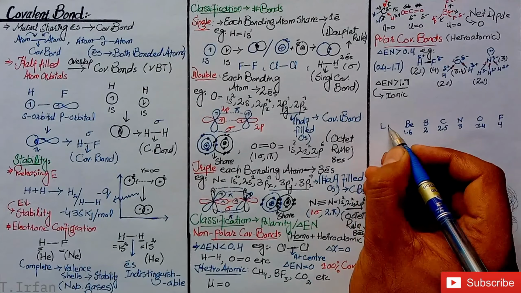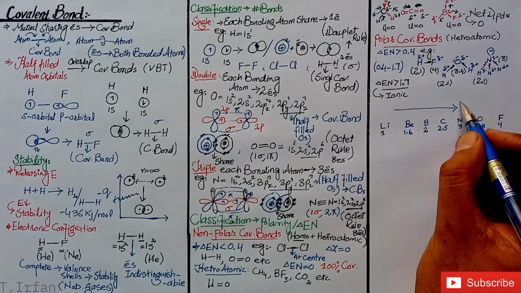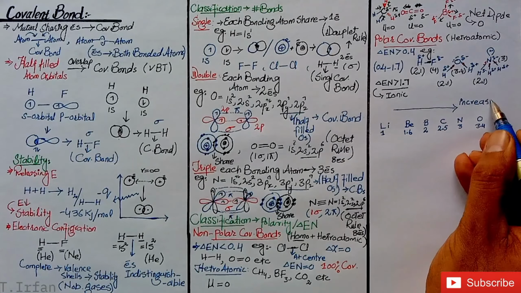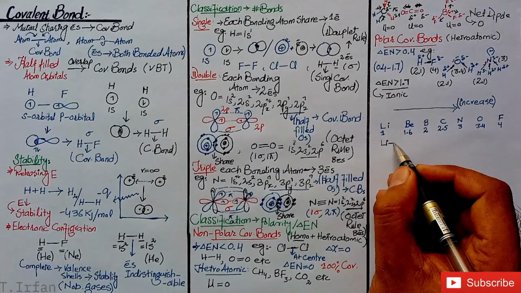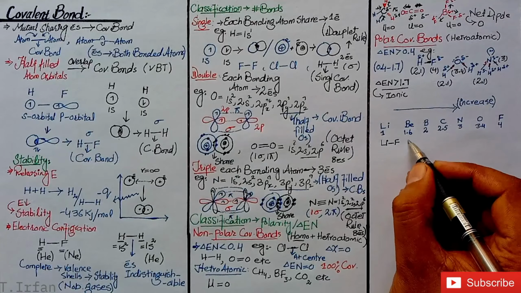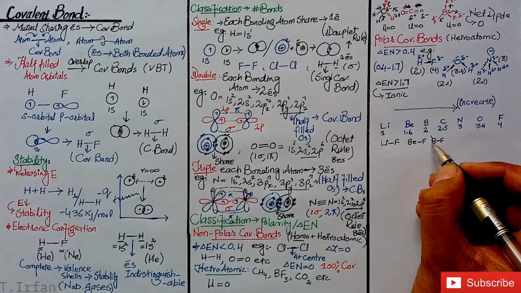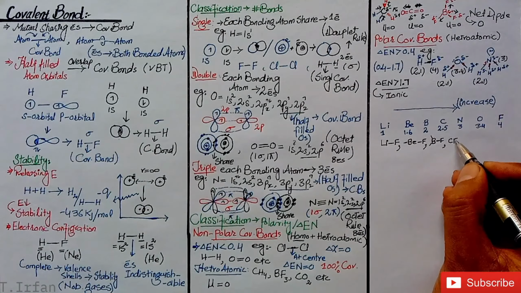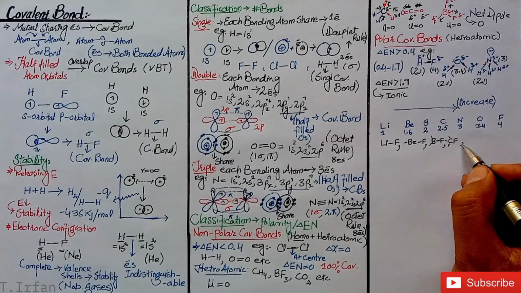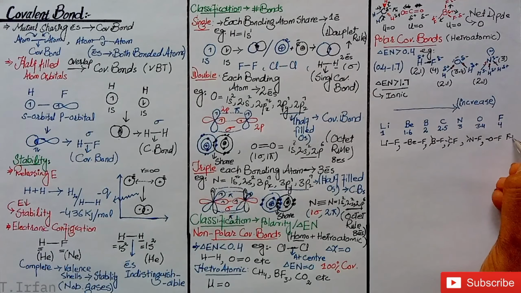In the periods, electronegativity increases, as you can see. And when these atoms form bonds with the fluorine atom, the electronegativity difference decreases from left to right, or the electronegativity difference between atoms increases from right to left, as you can see.